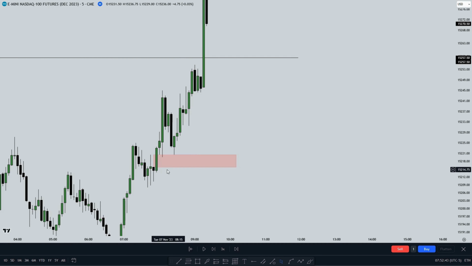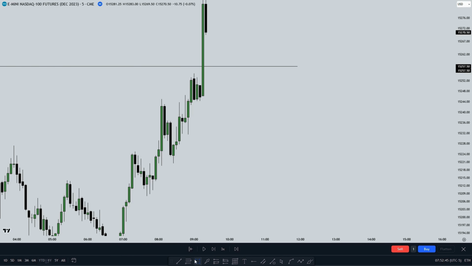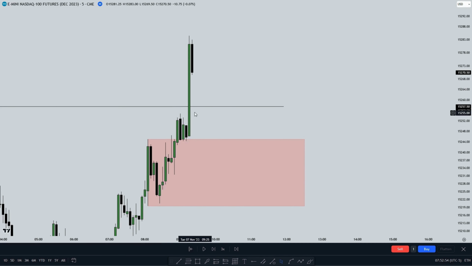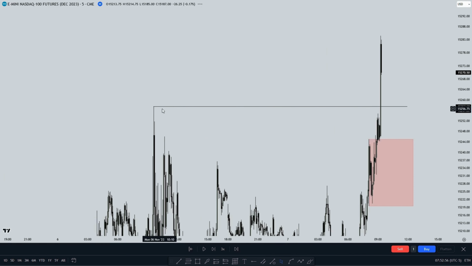And then after that, we make a new mitigation block right here because of these failure swing lows. And then we come down and respect it and go all the way up to the buy side liquidity.